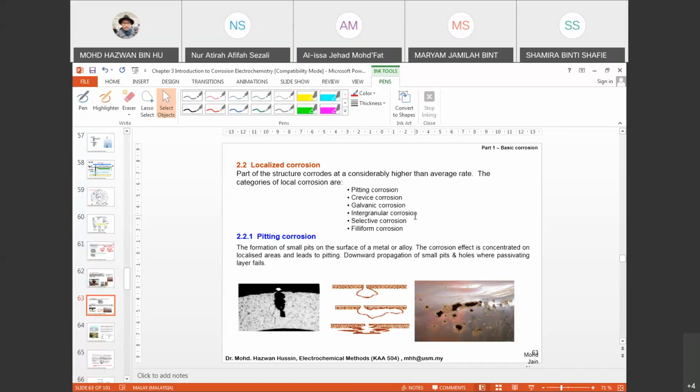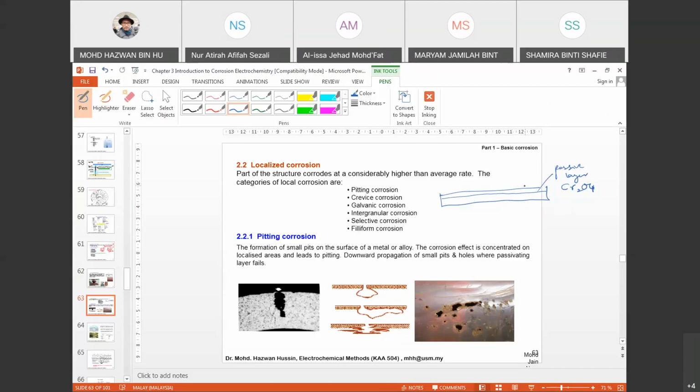Pitting corrosion can happen when you have a failure of the passive layer. If you understand stainless steel, what makes stainless steel not corrode is because it has a passive layer, a passive layer of chromium oxide.